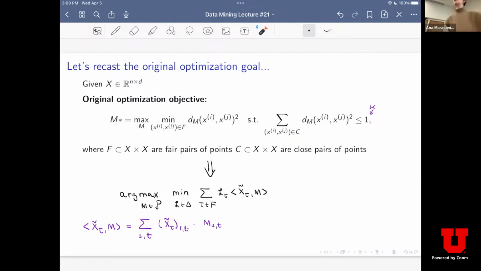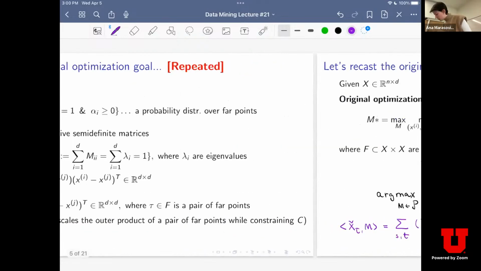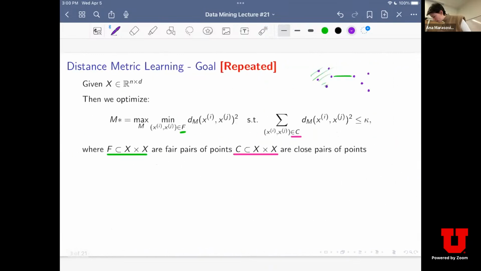Yeah. What do you mean by far points? Far points are those that... Oh, excuse me, there is a typo here. Yeah, so here we mean by far. And do we have far?